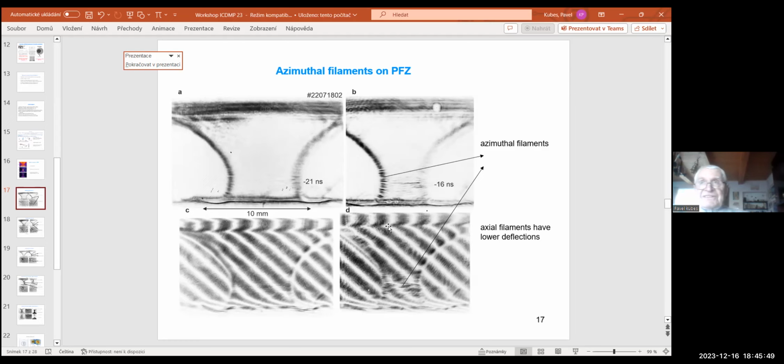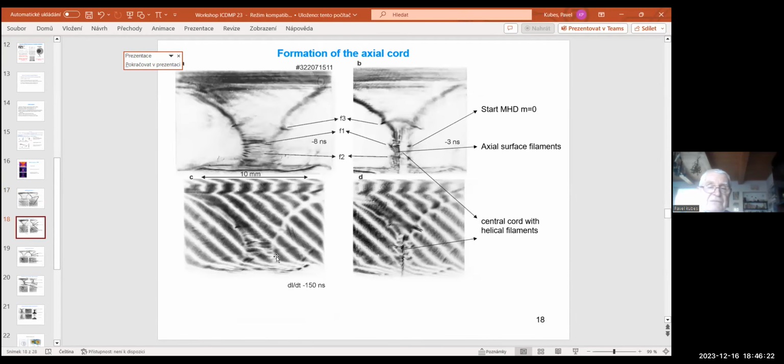At this Schlieren scale, we don't see the axial filaments. The axial filaments probably have lower density because we see them in low deflections. So in this high resolution, we see only the radial filaments.